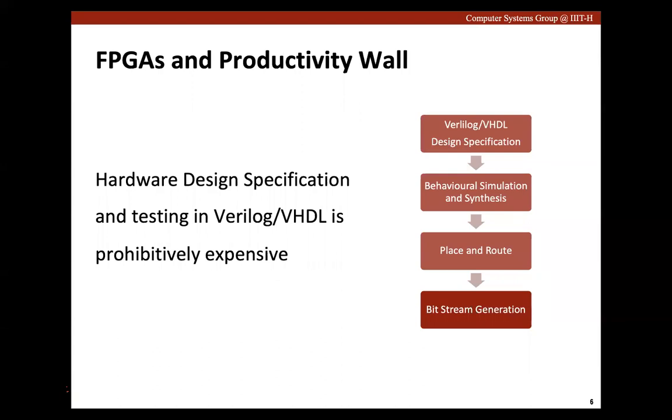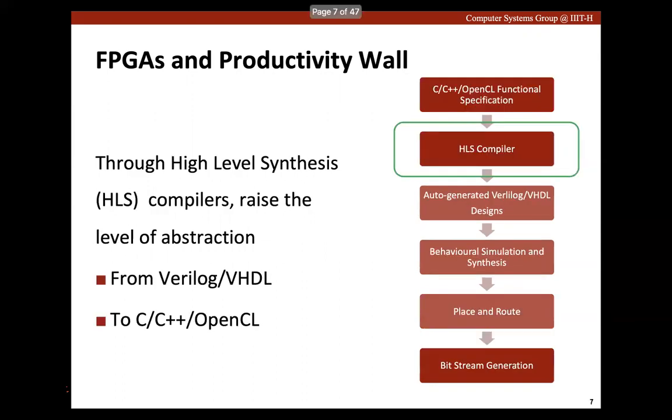Then you do behavioral simulation, synthesis, place and route, bitstream generation, and finally put it on an FPGA. In this course, we are not working at the Verilog or VHDL level. We are going one level above and trying to express our designs using C, C++, and OpenCL. They are programming languages.